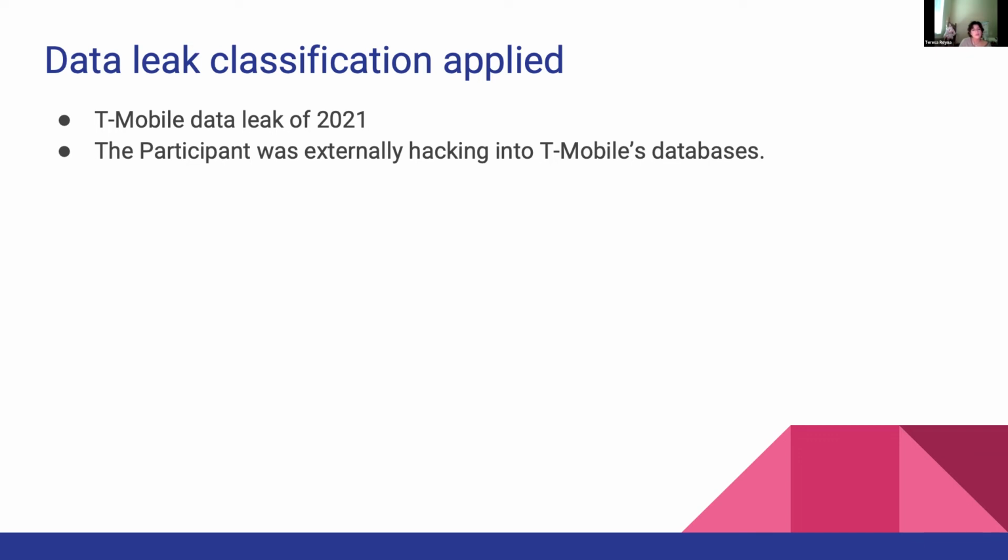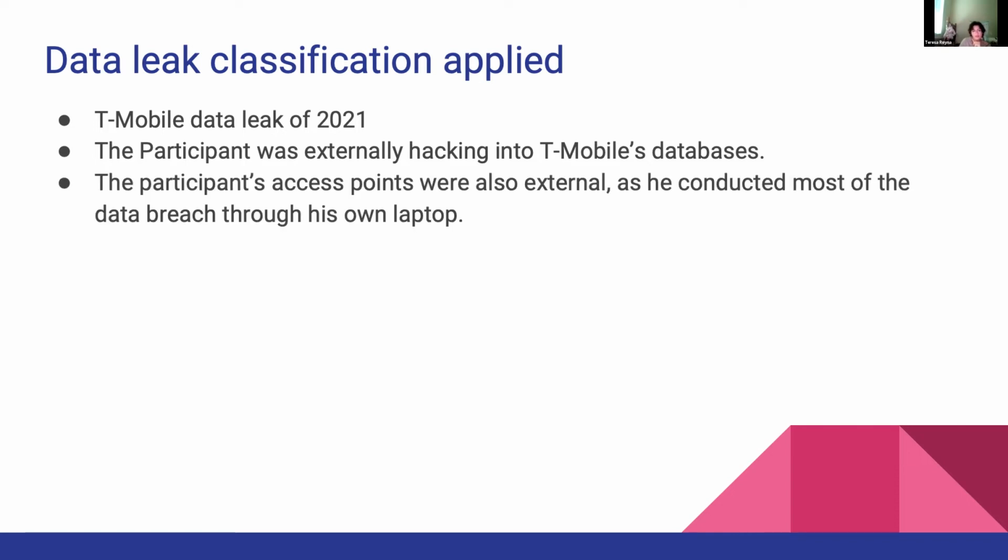When you apply these classifications to a data leak, for example, the data leak of T-Mobile in 2021, you can identify several very important points. The participant, or the cause of the data leak, was externally hacking into T-Mobile's databases. The participant's access points were also external, as he conducted most of the data breach through his own laptop.